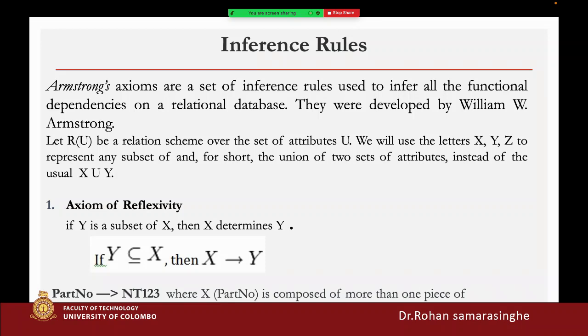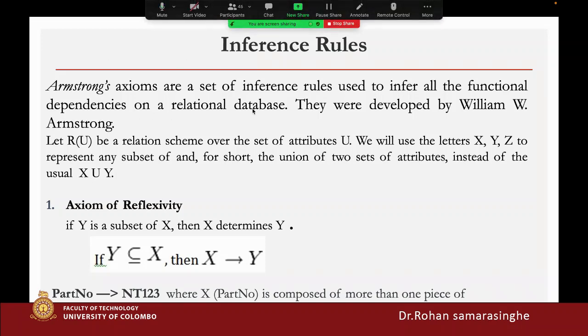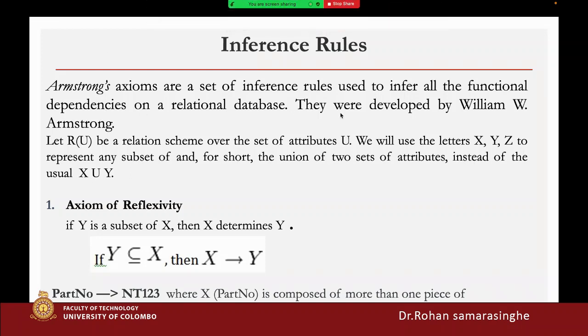Inference rules, Armstrong's axioms, are the set of inference rules used to infer all functional dependencies on a relational database. They were developed by William W. Armstrong.